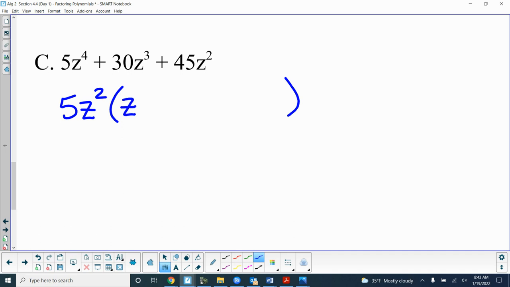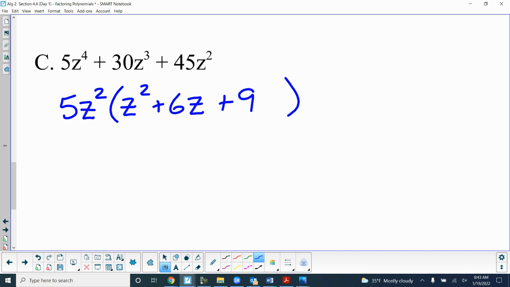What's 30z to the 3rd divided by 5z to the 2nd? 6z. Good. What's 45z squared divided by 5z squared? 9, right? Okay, so we pulled out our GCF.